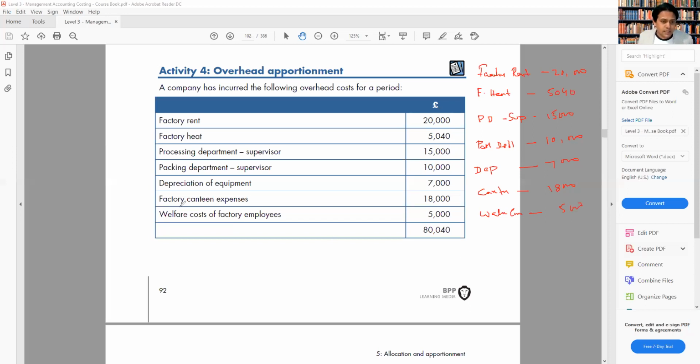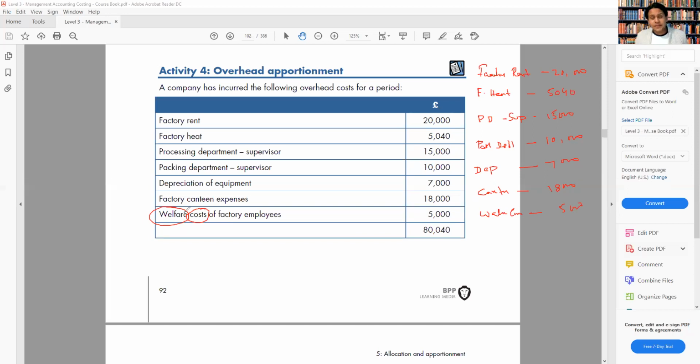This is quite interesting. This is what welfare is. I'll tell you, maybe in future it could be helpful for you. This word is so unique. When you buy lunch, when you buy water, if you buy any food for your staff, for your employees, we call it welfare cost.